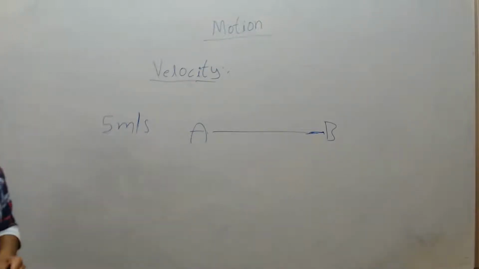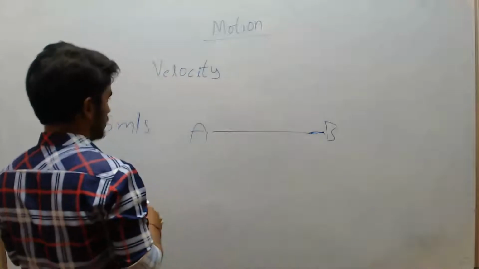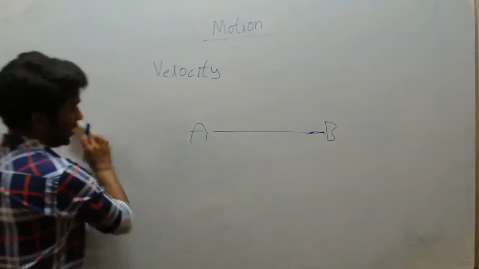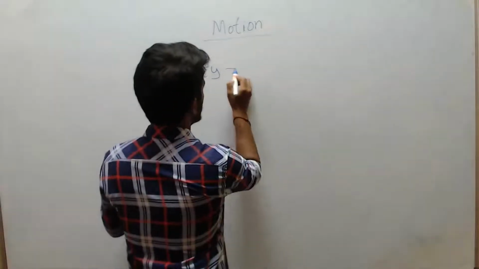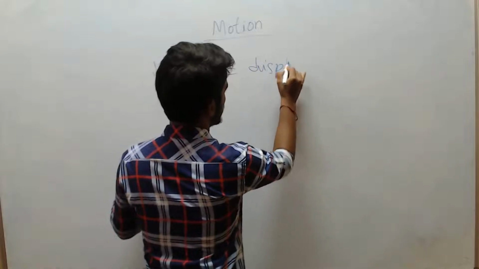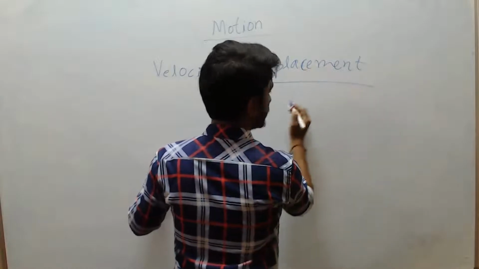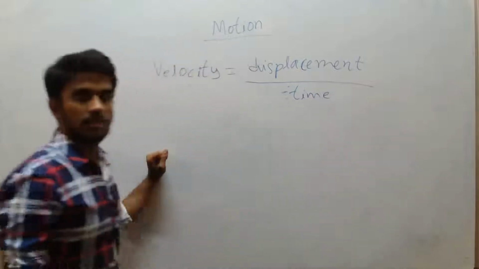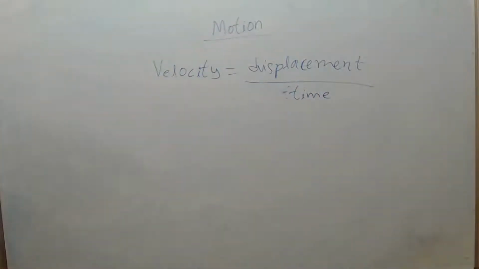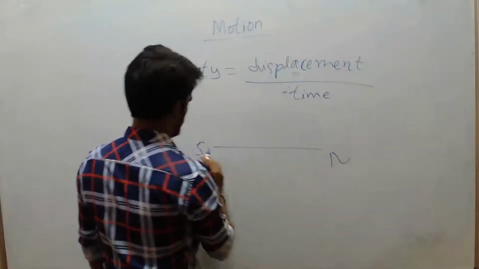So velocity is the displacement covered by a moving object in a given time, which equals displacement divided by time taken. Okay, so this is velocity. For example, see here, now this is south and this is north.